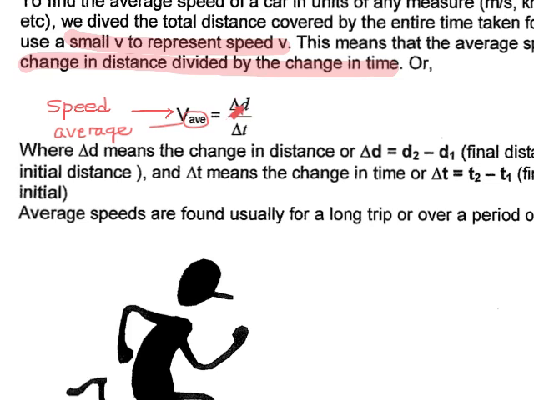Here we have delta D and delta T. Delta means change. We're just going to write it over here on the side. So here delta D means change in distance and delta T means change in time.